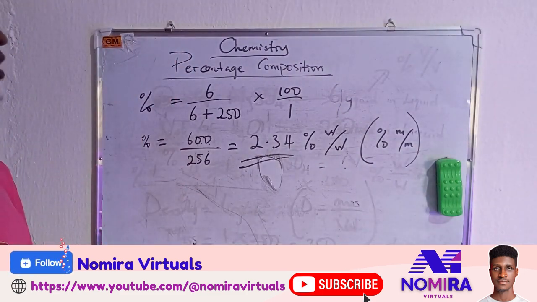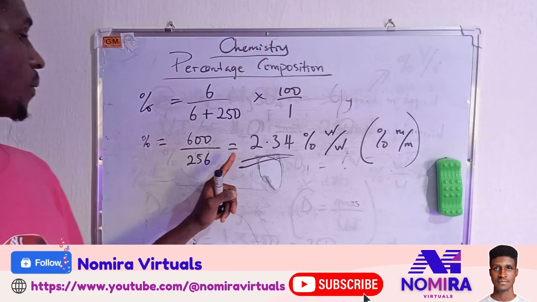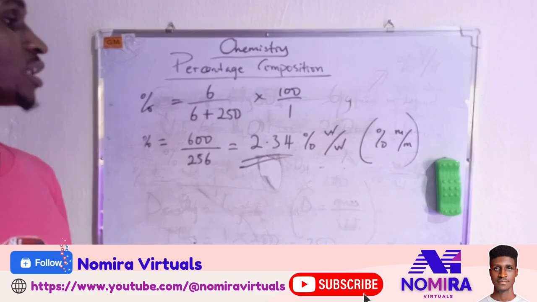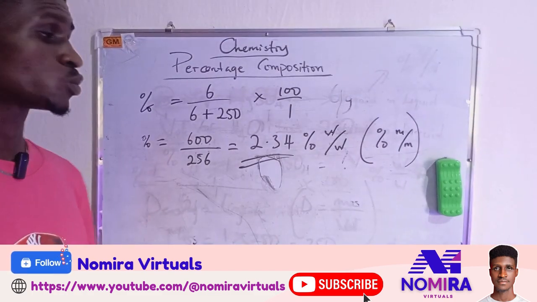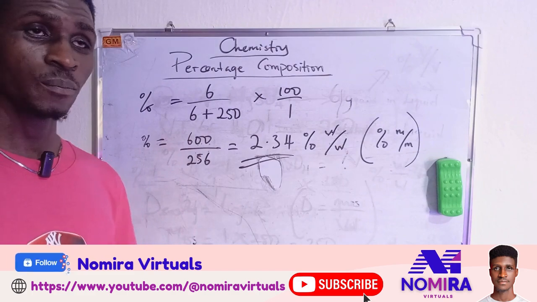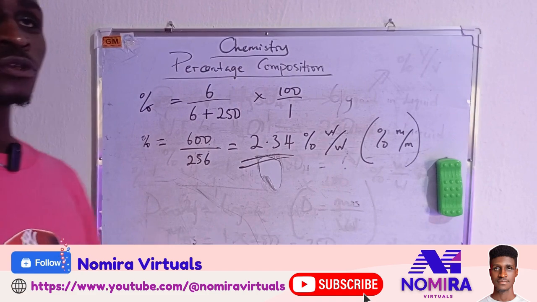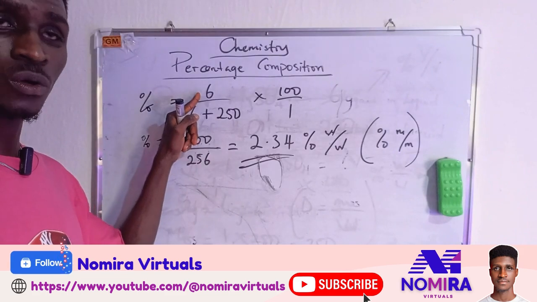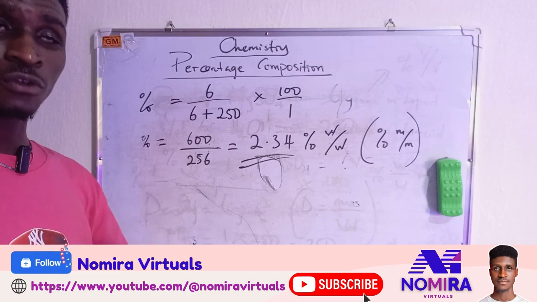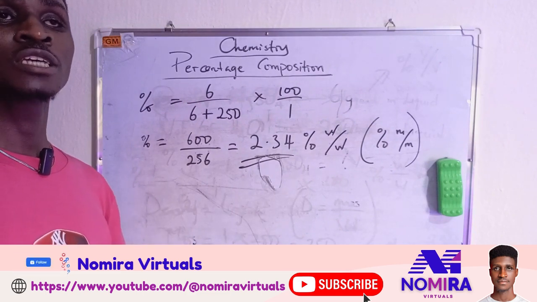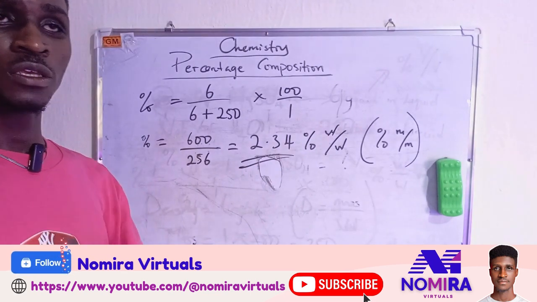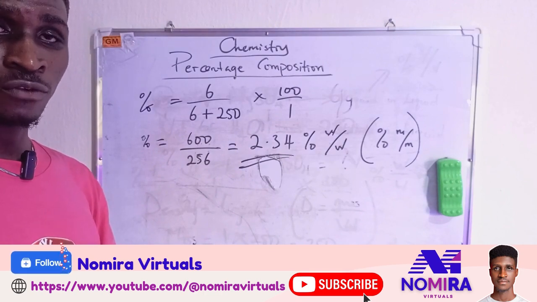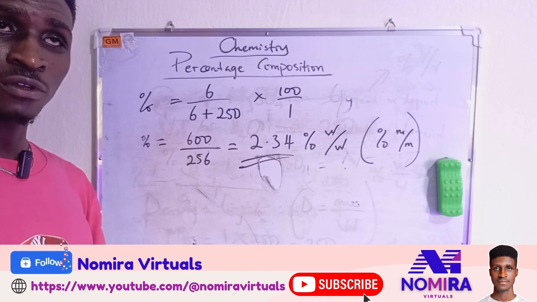It means that the percentage composition of magnesium tetraoxosulfate in 250 cm cube of distilled water is 2.34%. For you to obtain this in the lab, you have to dissolve 6 grams of the salt given in a volumetric flask of capacity graduated up to 250 cm cube. You will first of all introduce the 6 gram that you weighed from your weighing balance into the empty volumetric flask.